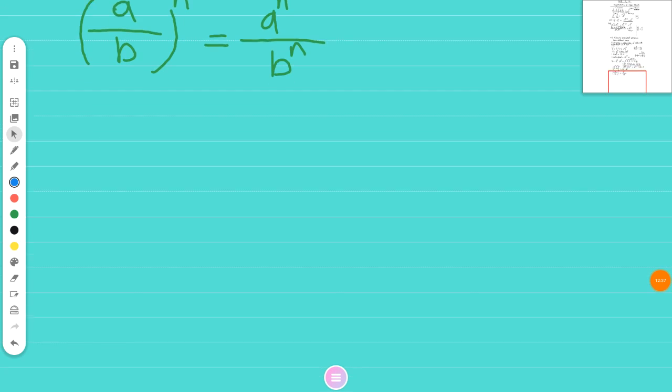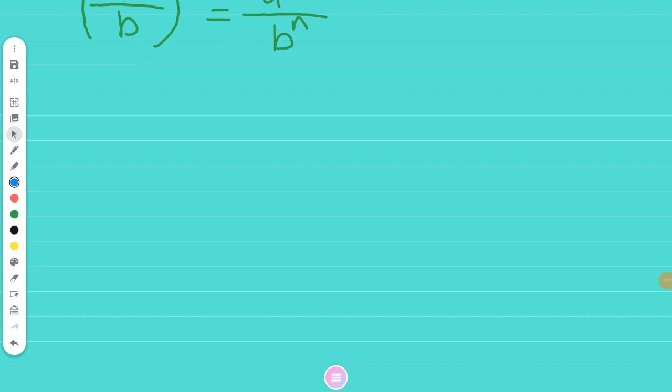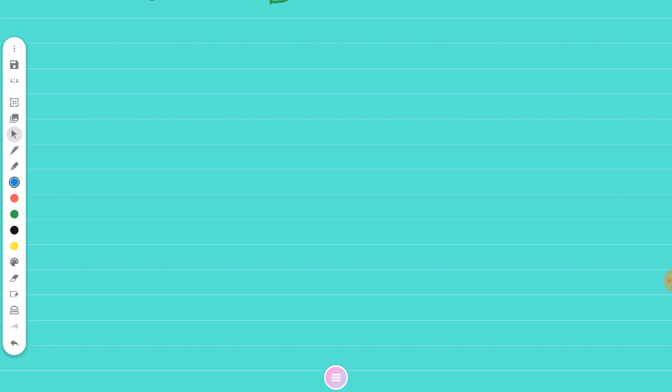Another property of exponents is called power of the power. It's like 5 to the power 2, all to the power 4.